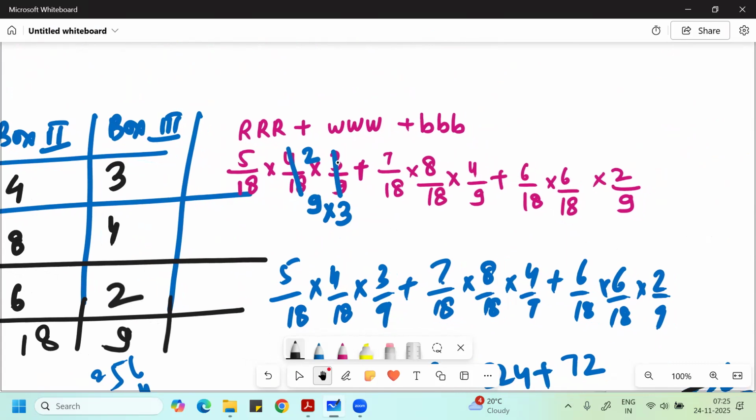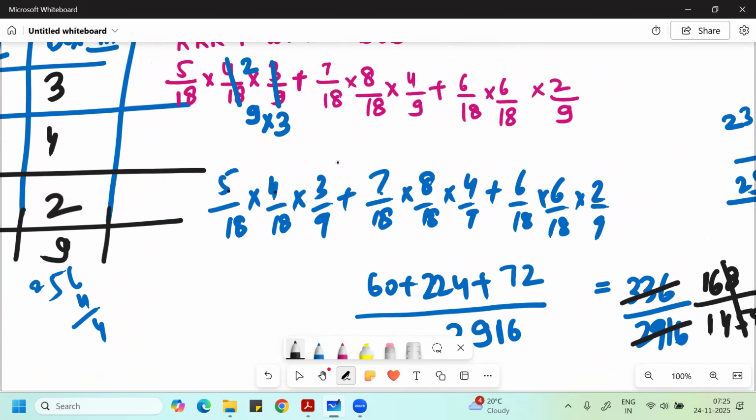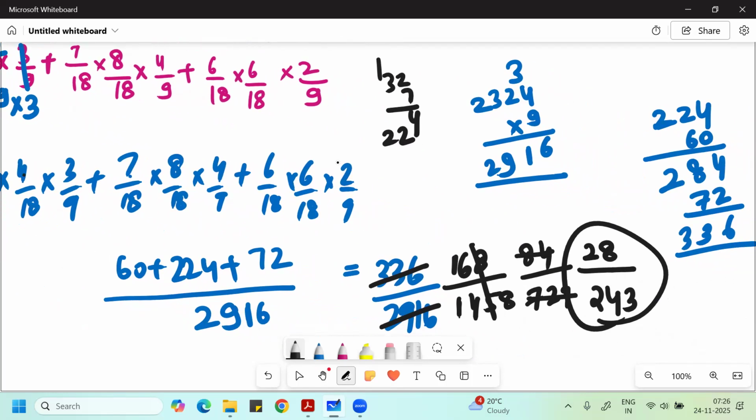20 3s are 60, and then this is 8 4s are 32, 32 7s are 224, and then 6 6s are 36, 36 2s are 72. So 60 plus 72 is 132.